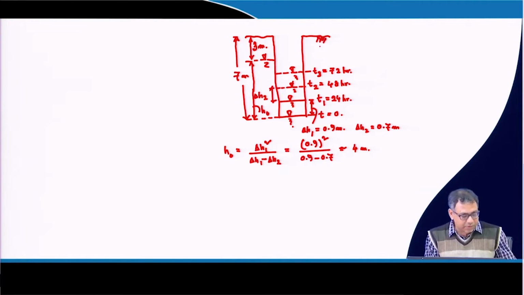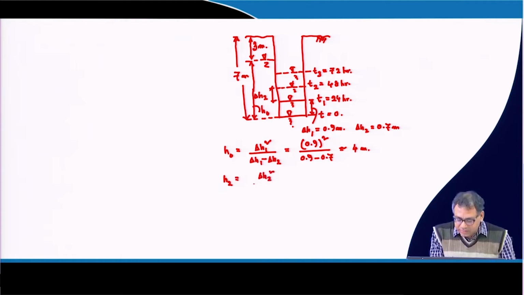Okay, so now for a cross check, we can calculate again the h 2, which is del h 2 square divided by del h 1 minus del h 2.